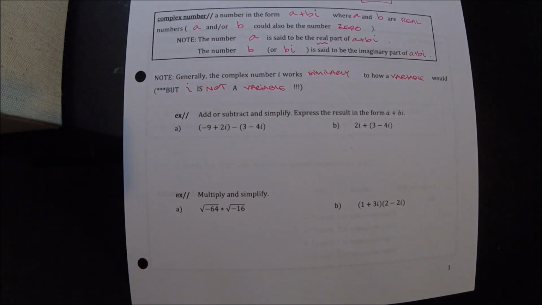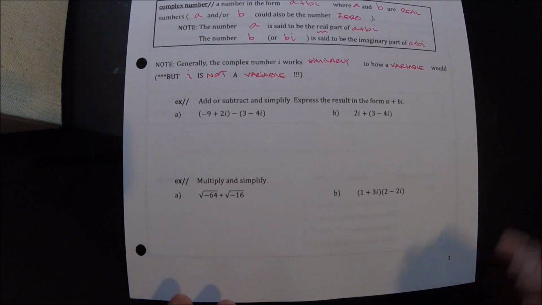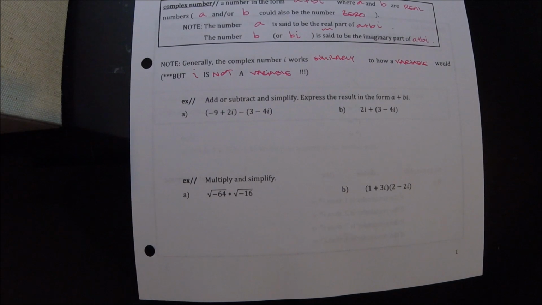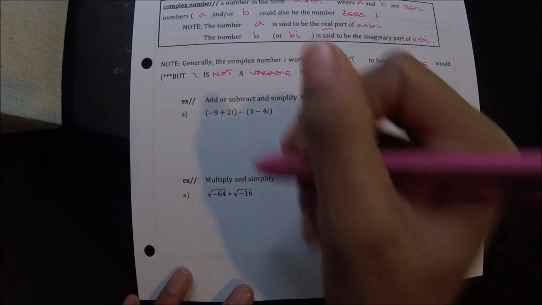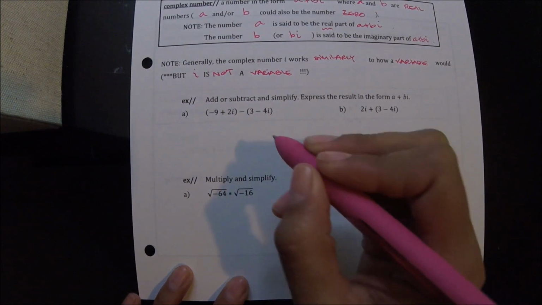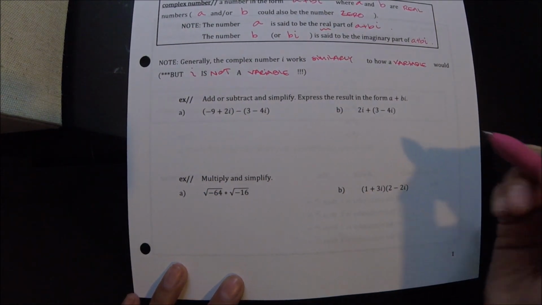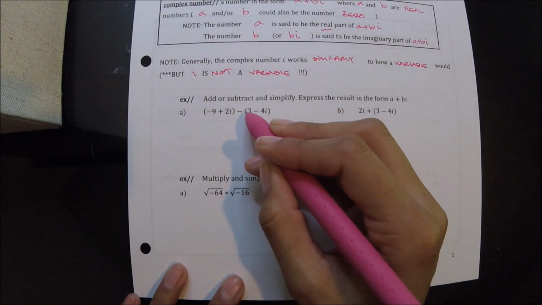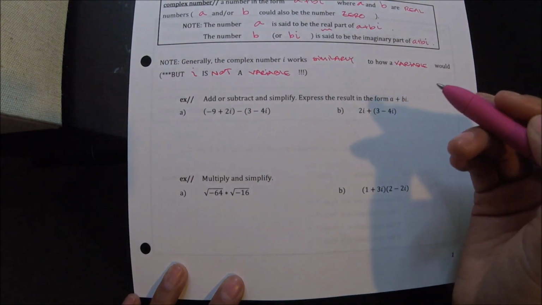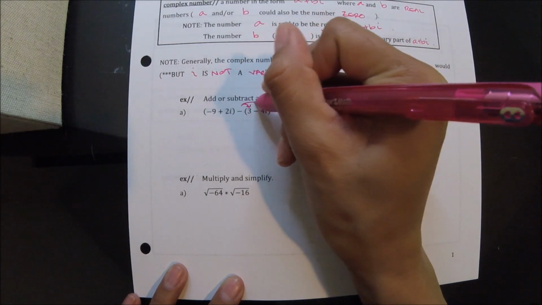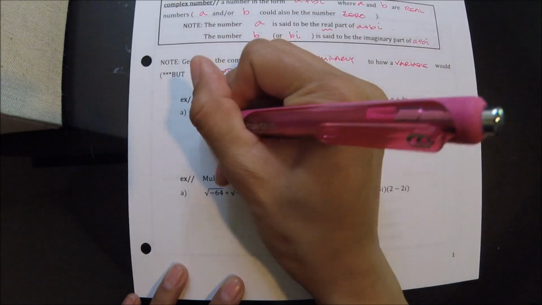Okay, so here we're going to add or subtract and then multiply numbers that involve complex numbers, but it's really similar to what you've done before with variables, just combining like terms. So for this expression, of course, we have this minus here, so we know what to do with minus across the parentheses. We have to distribute the minus.